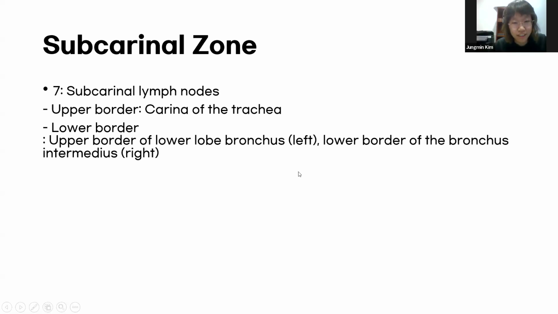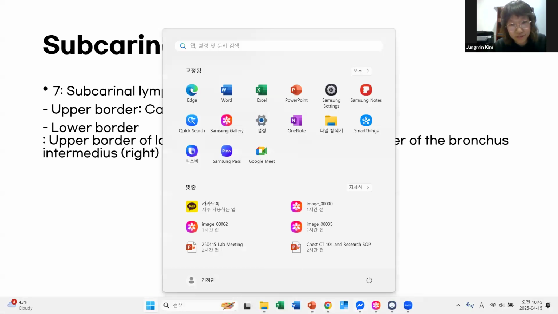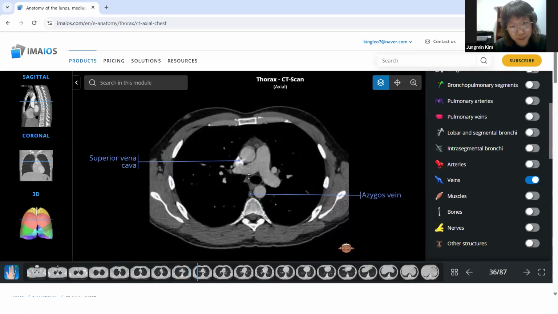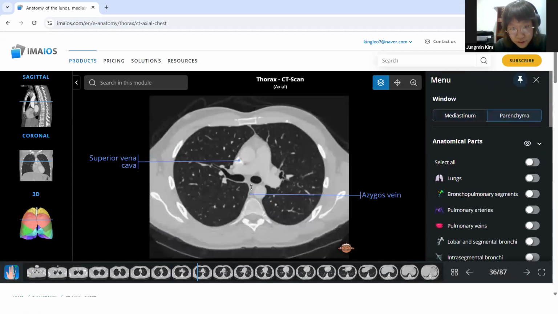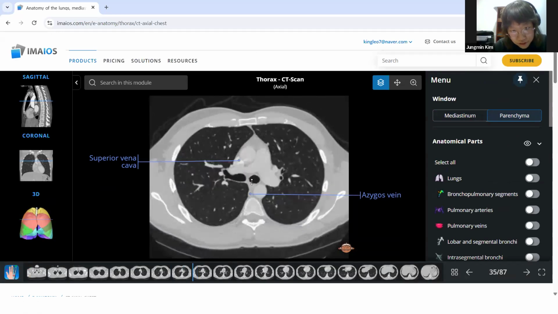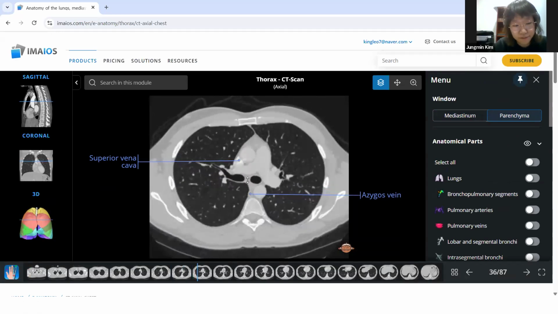It's really simple. The trachea splits into two, and if there's something in between here, it must be lodged between these two bronchi. So if anything is enlarged here, it's subcarinal lymph nodes.